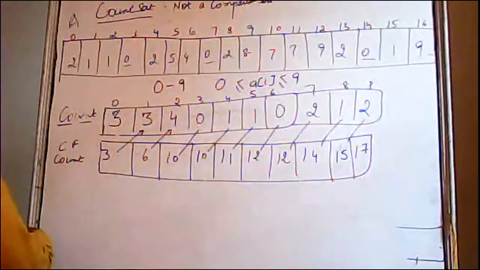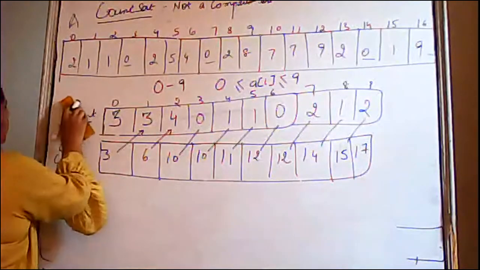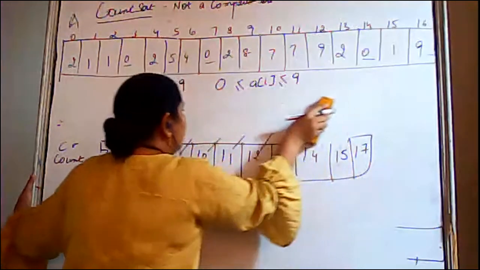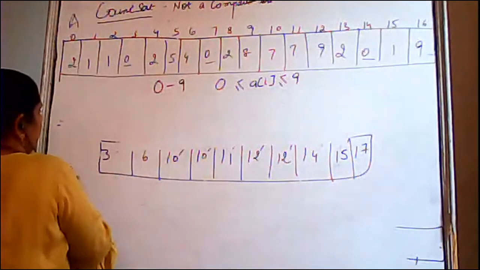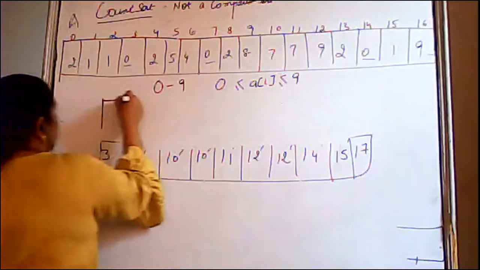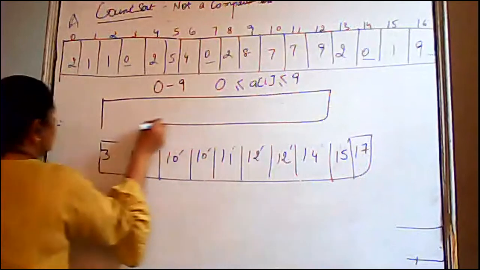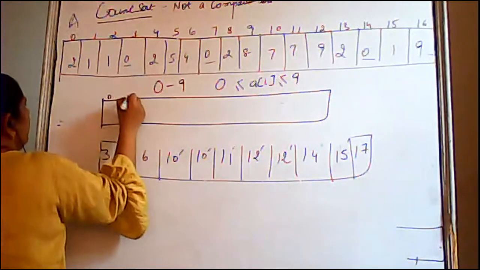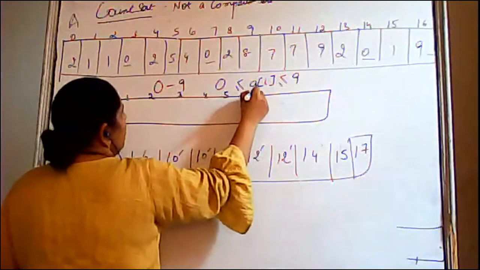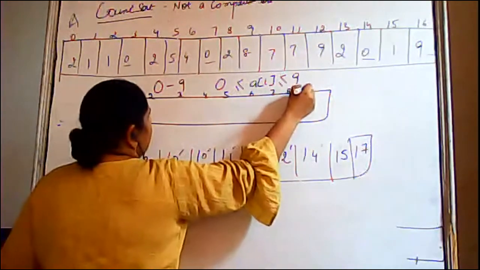Now you will remove this array. We don't need this array. So I'm taking this array upwards. 0, 1, 2, 3, 4, 5, 6, 7, 8, 9.